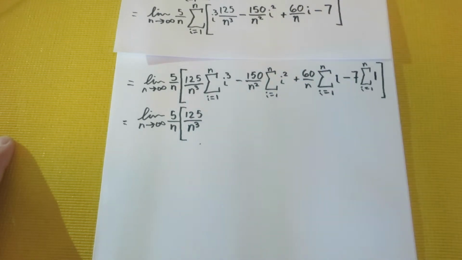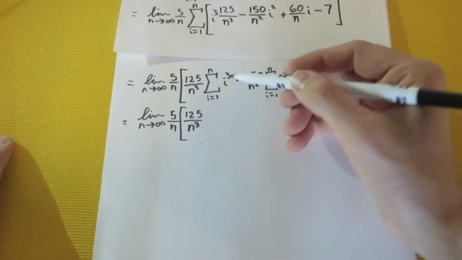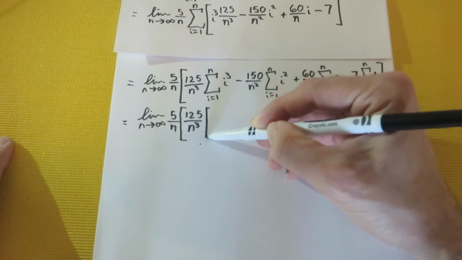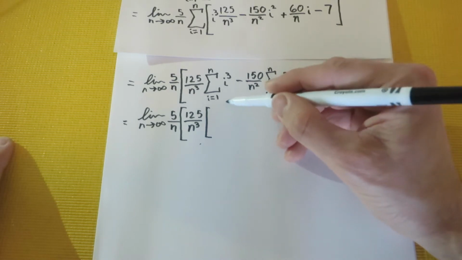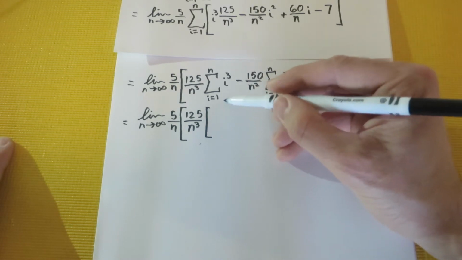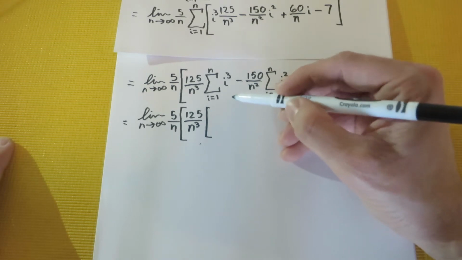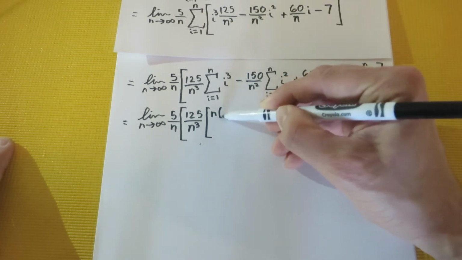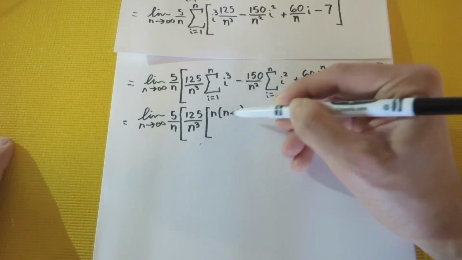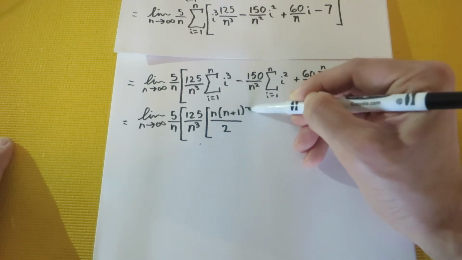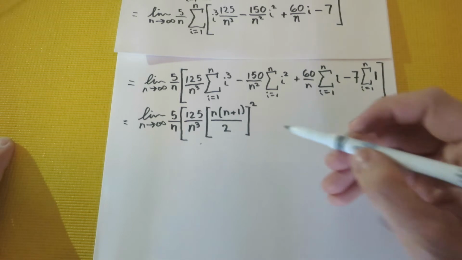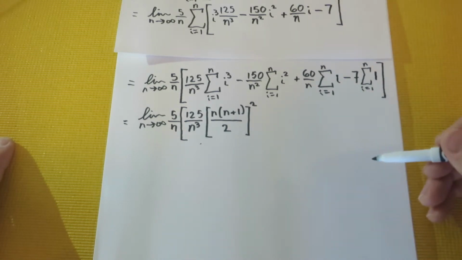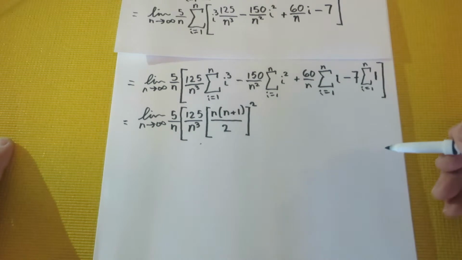And now this i cubed expression is just going to get evaluated as n plus 1 over 2, all of that squared. And if this seems like a little bit of magic, I invite you to go back and review your summation formulas for i cubed, i squared, and i, and so on.